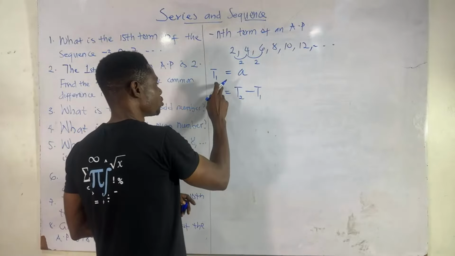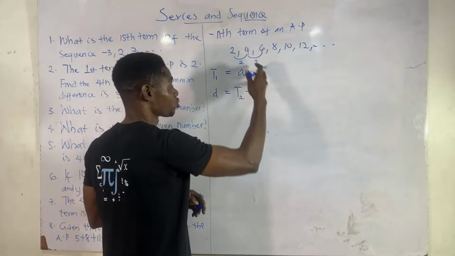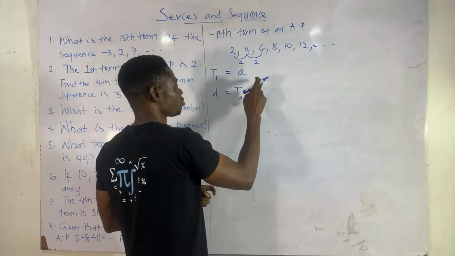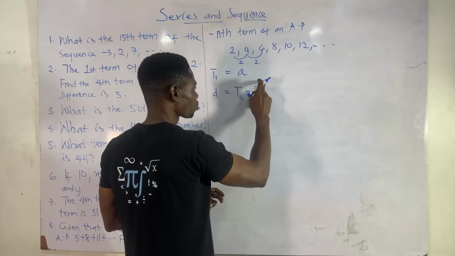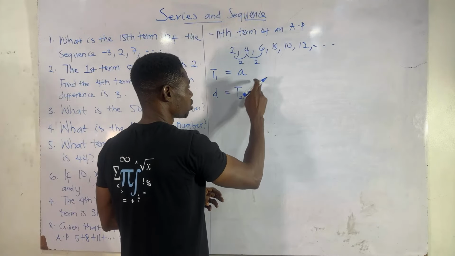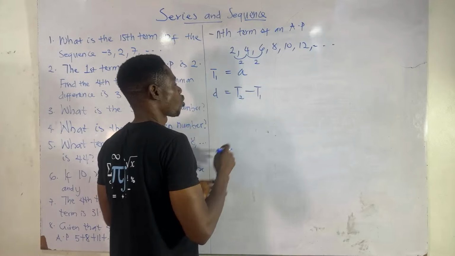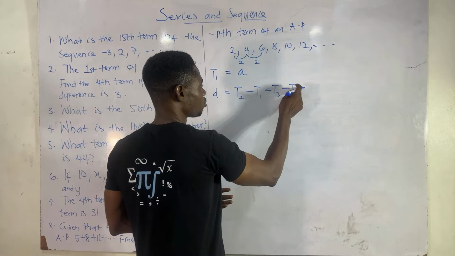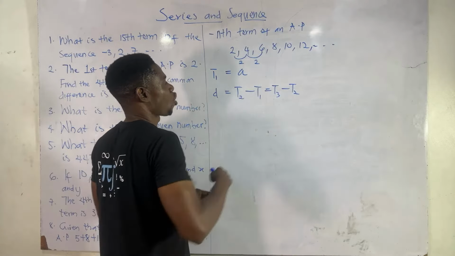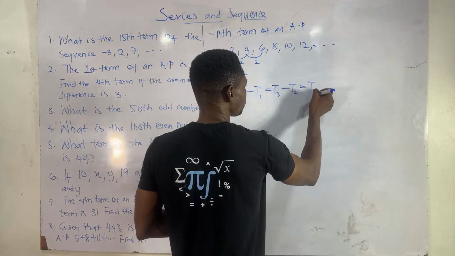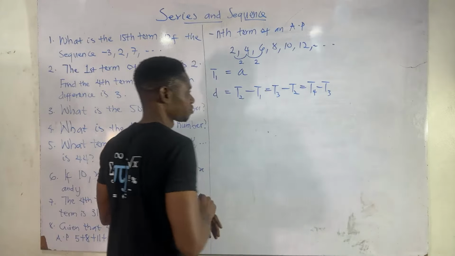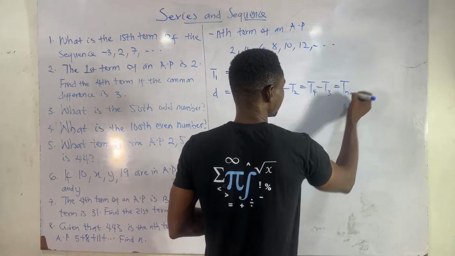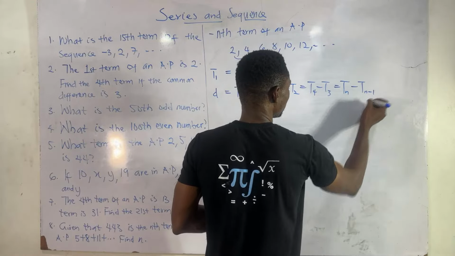So the common difference is gotten by subtracting the first term from the second term, or T3 minus T2, the second from the third, or T4 minus T3, or whatever the number is, minus that number minus 1.